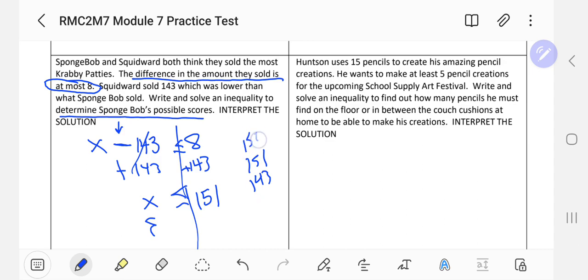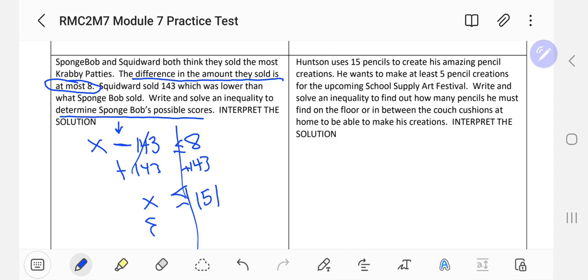So 150 would work because that's only 7 apart. 149 would work because that's only 6 apart. But 151 works, but 152, well, that's 9 apart from SpongeBob and Squidward, so that wouldn't work.